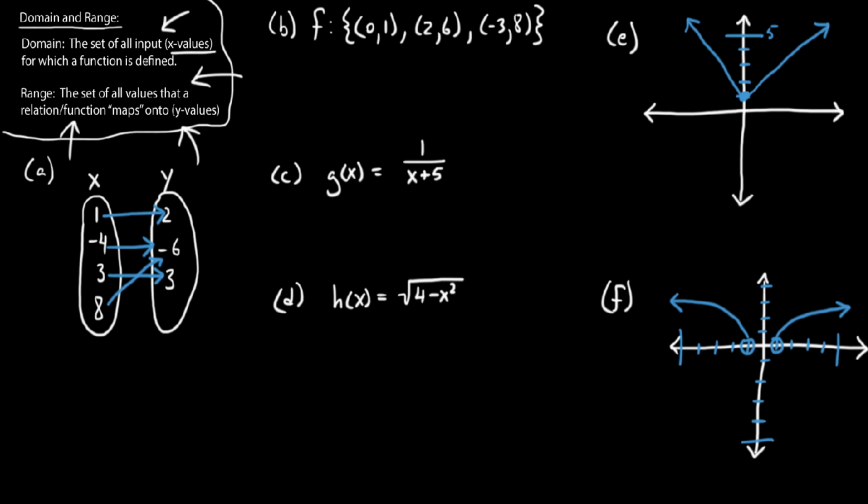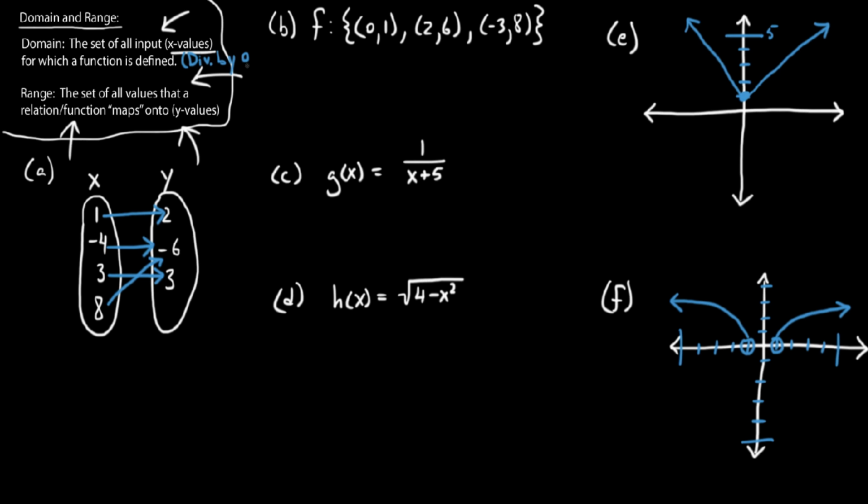But the set of all input values for which a function is defined, at least in a real number sense. And so what I'll do here is bring up two instances in which you would have x values for which your function would be undefined. I'm going to scribble them in here, but when you have division by zero, when you divide by zero, always, you end up with something that we say is undefined.